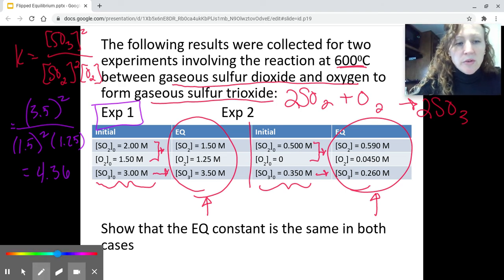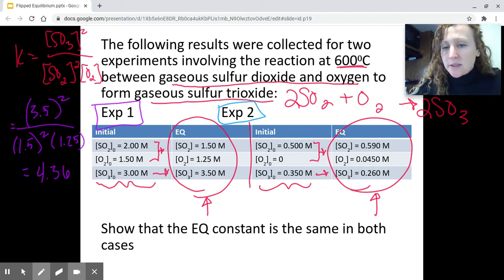Okay, I got 4.36 on the first one. Let's see what I get on the second one.